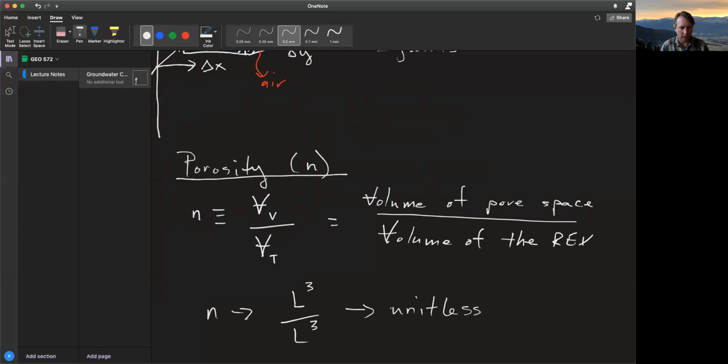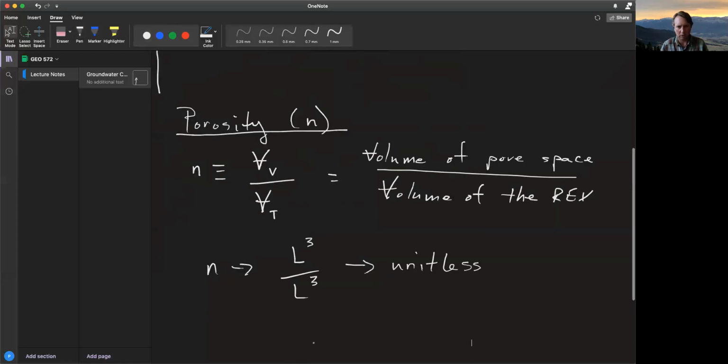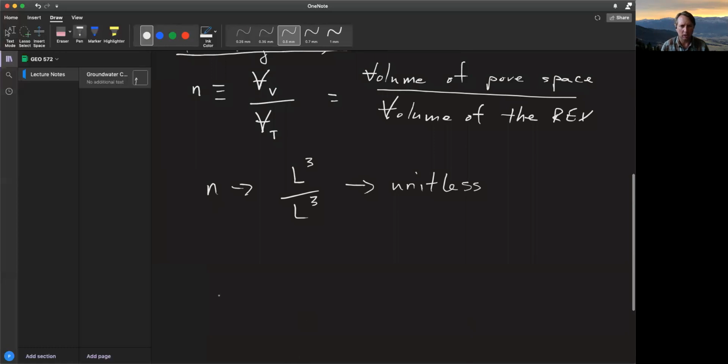All right, and we can determine the volume of pore space by rearranging this. And so the volume of our pore space is equal to the porosity times the volume of the porous media. All right, so porosity.